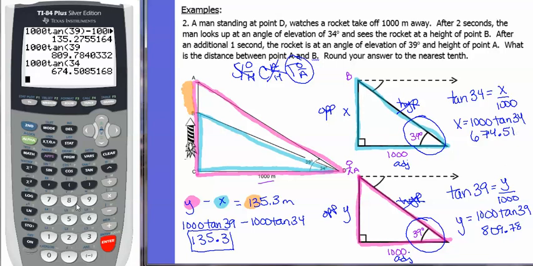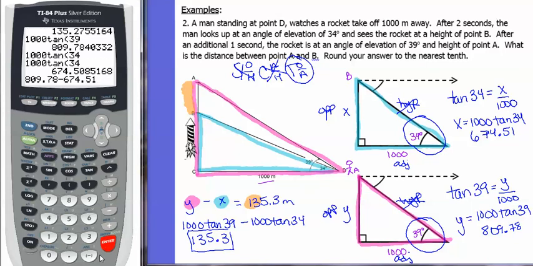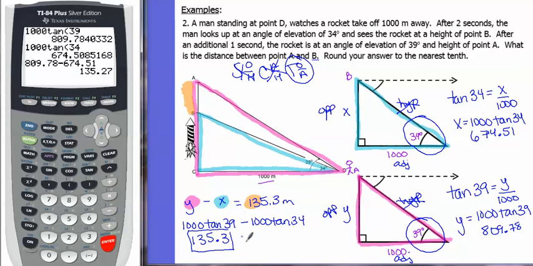And I could just subtract them here. 809.78 minus 674.51. And what do I get? 135.3. I just like to do it all in one step because I can see it all in the calculator. It's a little quicker and I'm not rounding. So that's how you do trigonometry.